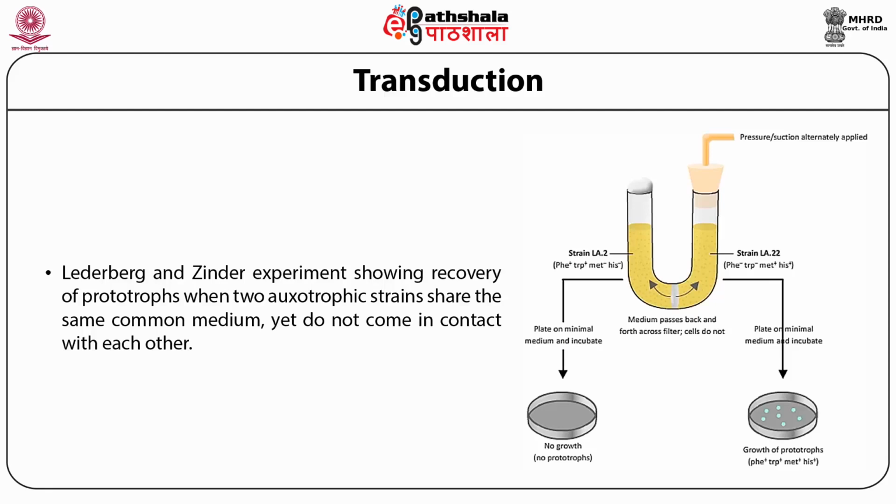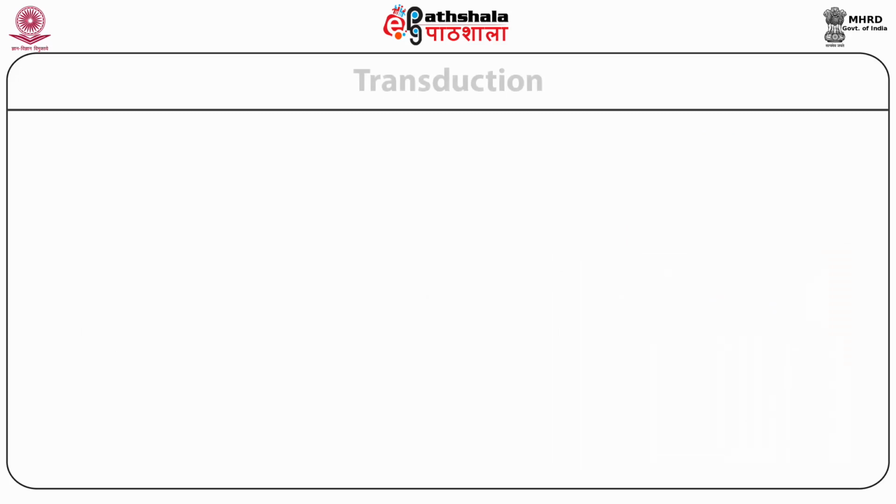But because this was not requiring direct physical contact, as the bacteria could not pass the filter, this was a process different from conjugation, and therefore they had actually discovered a new process of recombination in bacteria, and further experimentation revealed that this was actually being achieved by the mediation of bacteriophages.